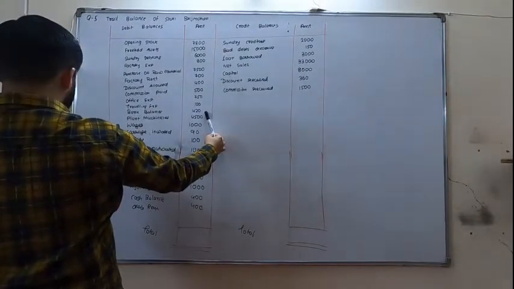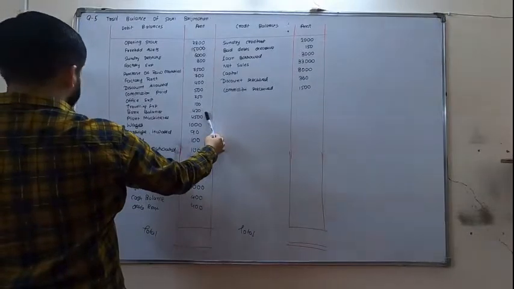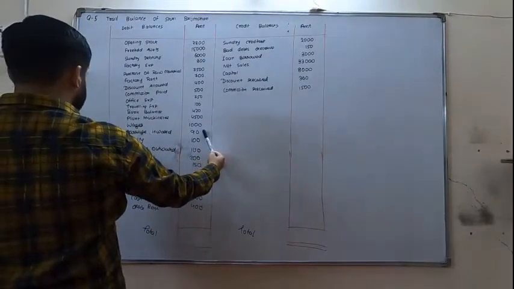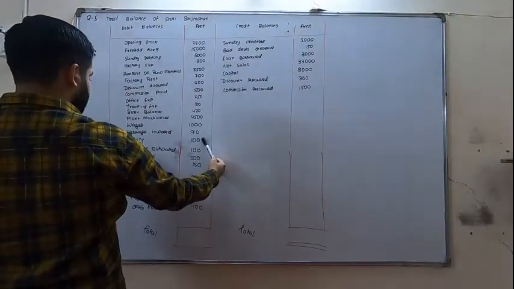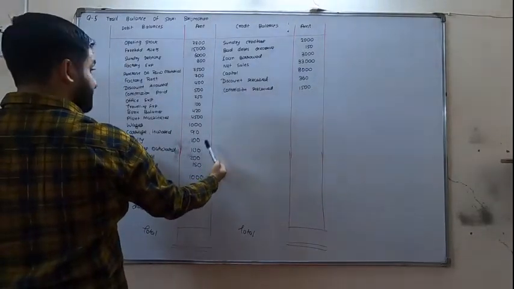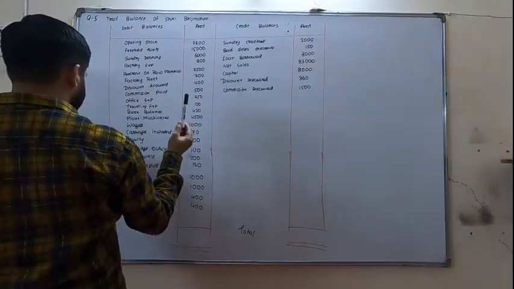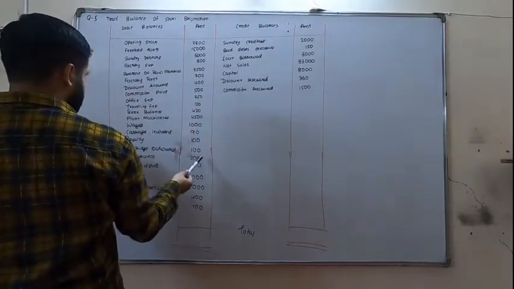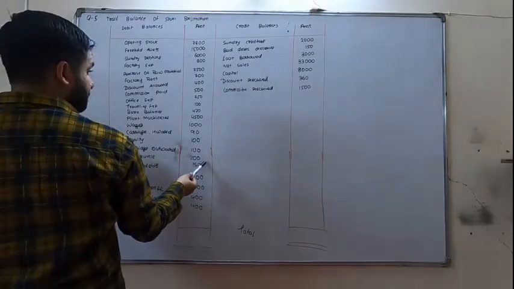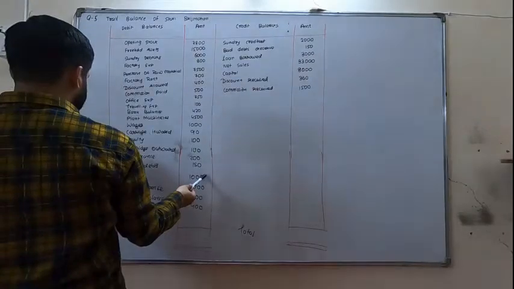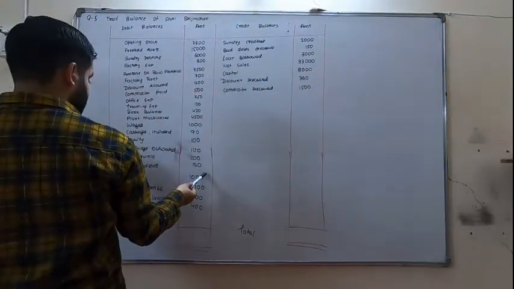net sales 33,000, plant machines 4500, wages 1000, carriage inward 90, royalty 100, carriage outward 100, capital 8000, then discount received 360, then insurance 200, commission received 1500, bad debts 150, salary 1000.